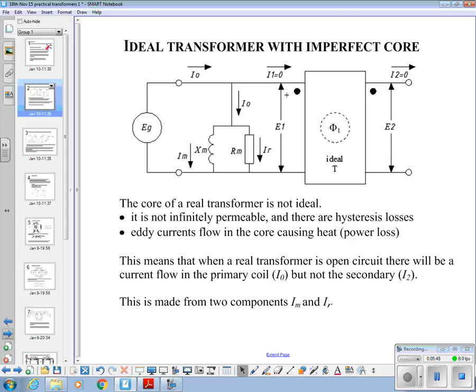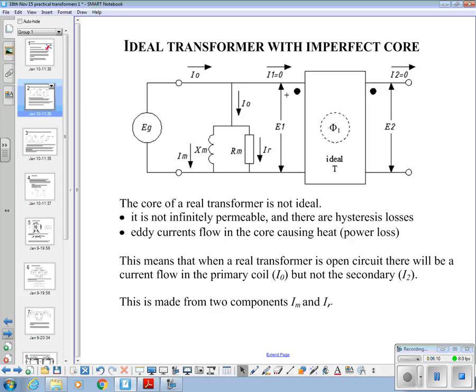To represent the ideal transformer that's got an imperfect core, we're going to look first at representing the core losses. That's the heating of the core, and what it takes to magnetize that core as well, the magnetizing current.